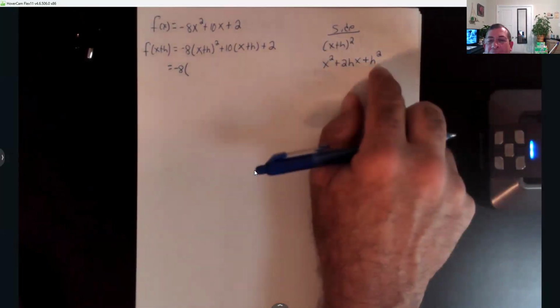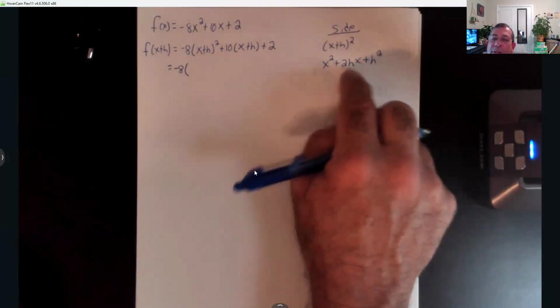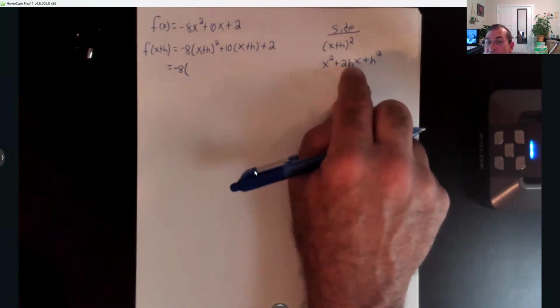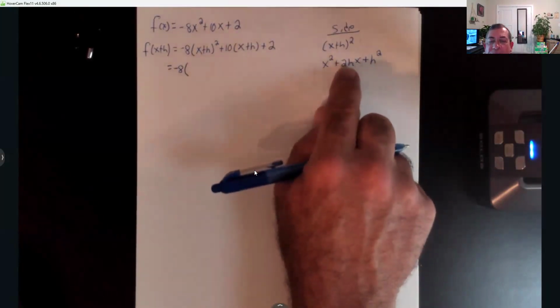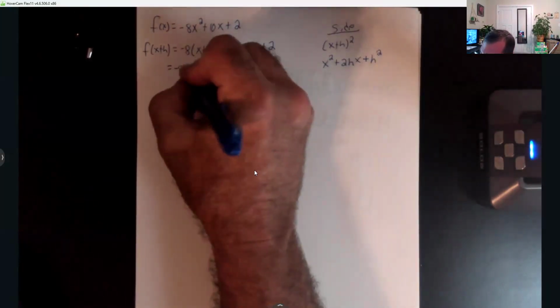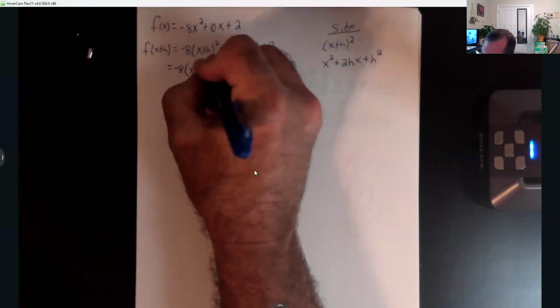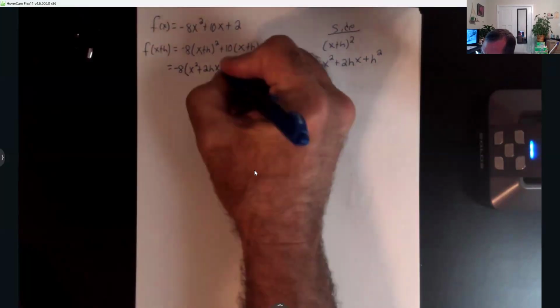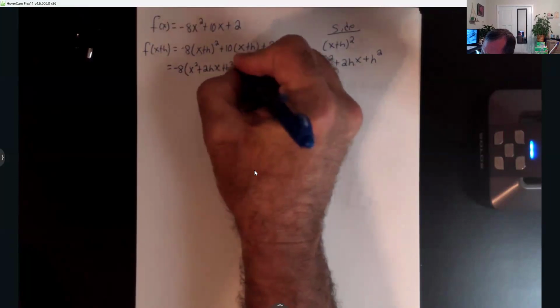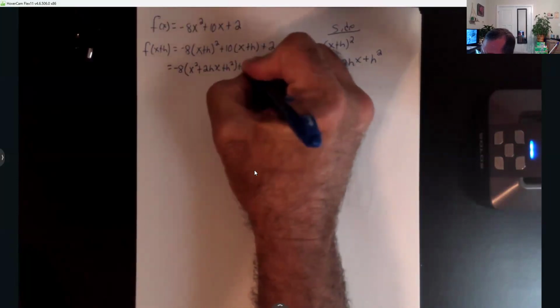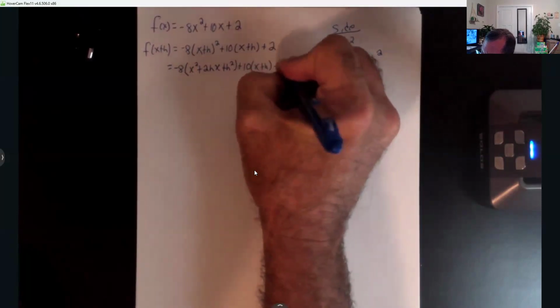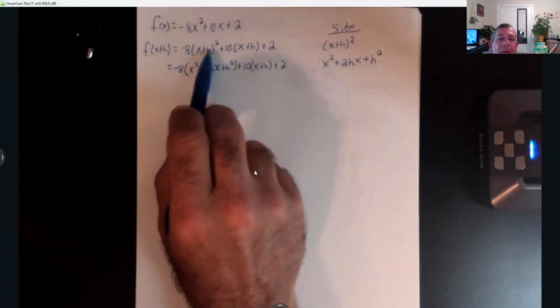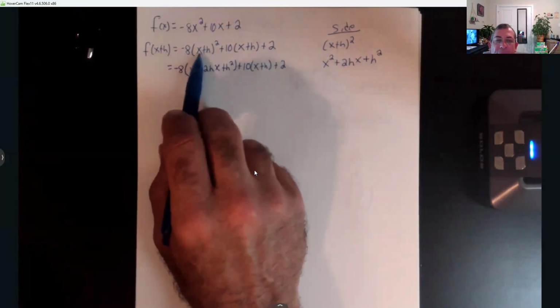We don't have to figure that out every time because we already figured it out like 2 or 3 times yesterday. So anytime you get an x plus h squared, we're going to replace it with x squared plus 2hx plus h squared. And y'all, I'm just going to bring everything else down at the moment. So the only thing I did was the exponent on that one, okay?